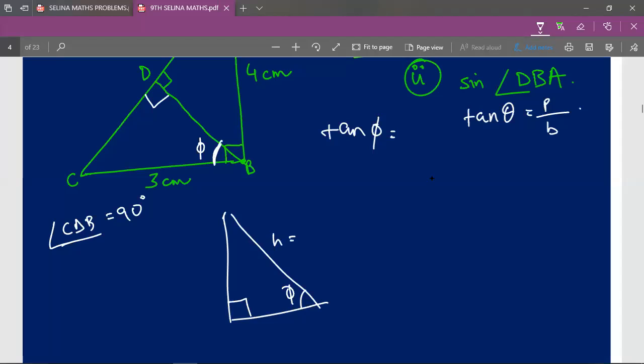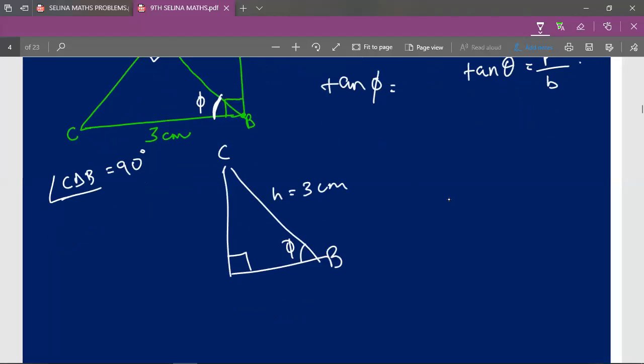So this will be equal to 3 centimeter, and CB is equal to 3 centimeter. So therefore this will be CB, and the remaining vertex will be A. So our triangle is labeled and all is well to go.